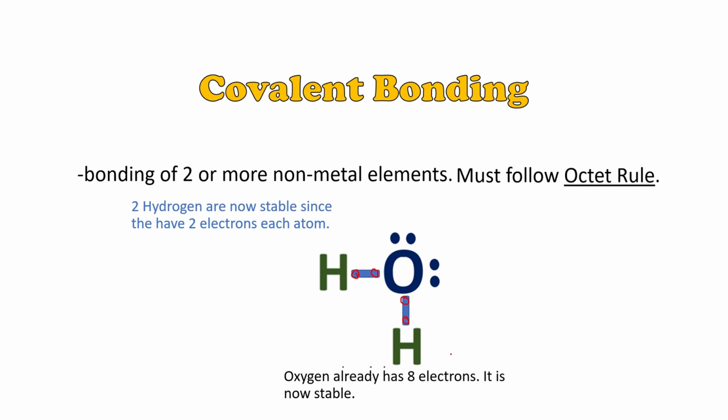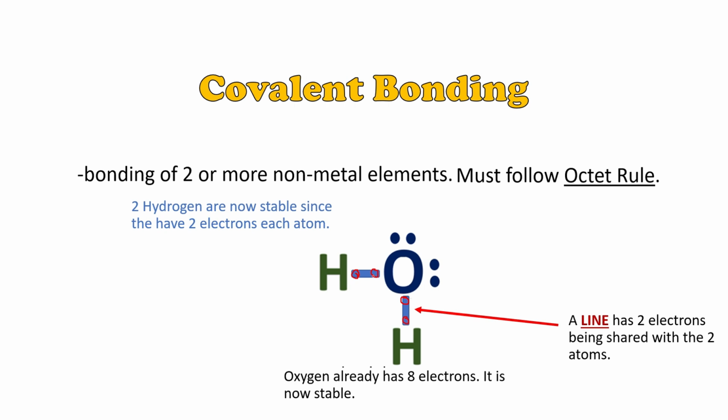So always keep that in mind. And of course, one electron is owned by the hydrogen, and the other electron is owned by the oxygen, and they're sharing both of the electrons just for them to become stable.